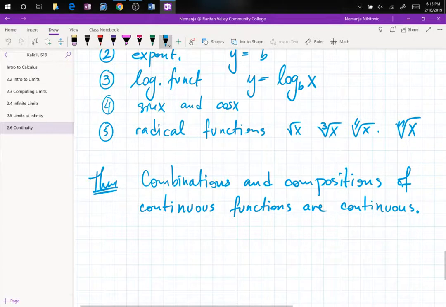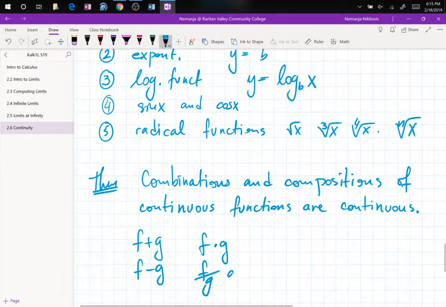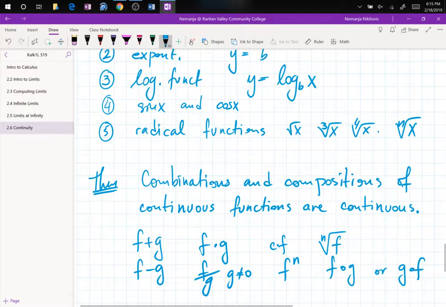This means f plus g, f minus g, f times g, f divided by g if g is not 0, constant times a function, f raised to a function, nth root of the function, and finally f composed with g or g composed with f. So all of these now would be continuous.